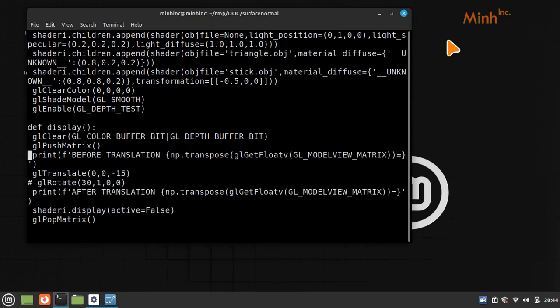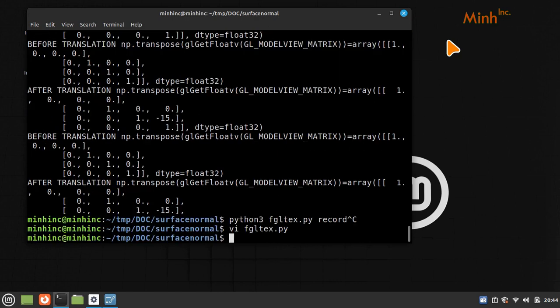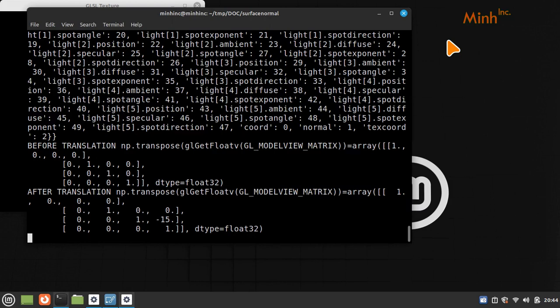So I think we have already, so before translation what is the model view matrix, and after the translation what is the model view matrix. So we'll see that. Okay, so before translation it is a unit matrix, 1, 1 in the diagonal. And after the translation can we see minus 15, that is in the third row. This is the first row.